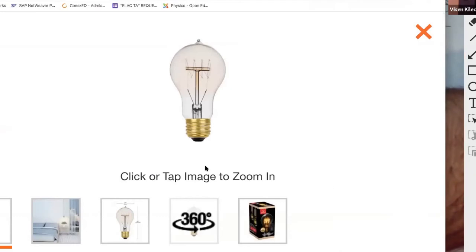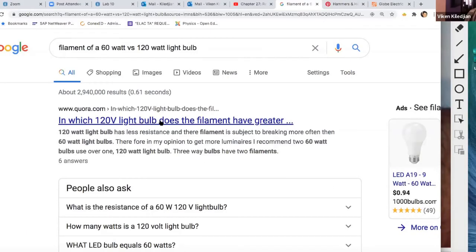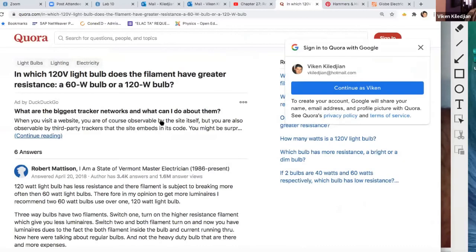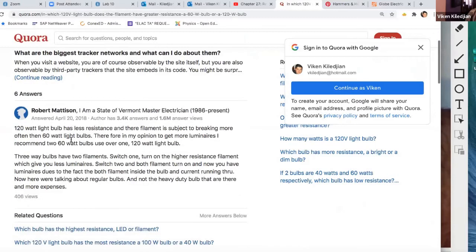Looks pretty thin, huh? Does the filament have greater resistance? You see here what it says? 120 watt light bulb has less resistance, and their filament is subject to breaking more often than a 60 watt light bulb.